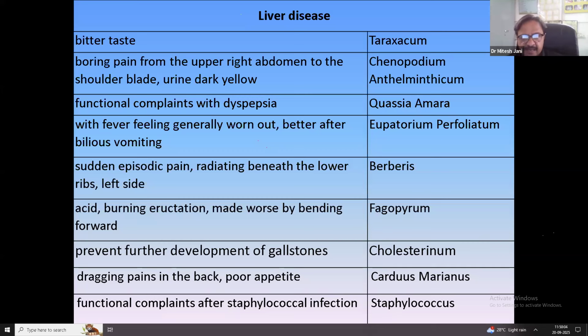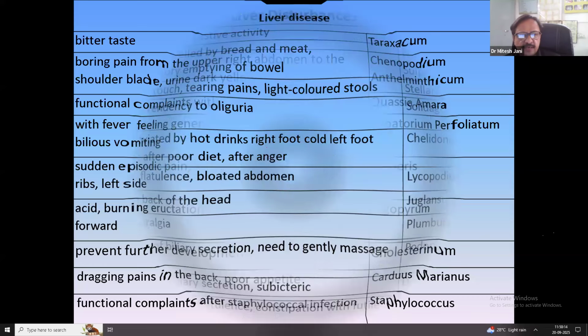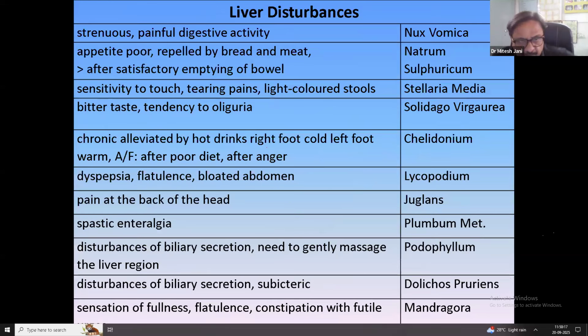Dragging pain in the back, poor appetite, Carduus. Functional complaint after staphylococcal infection, where we use Staphylococcus. Strenuous, painful digestive activity, Nux vomica is there. Appetite poor, repelled by bread or meat: this is the typical symptom.